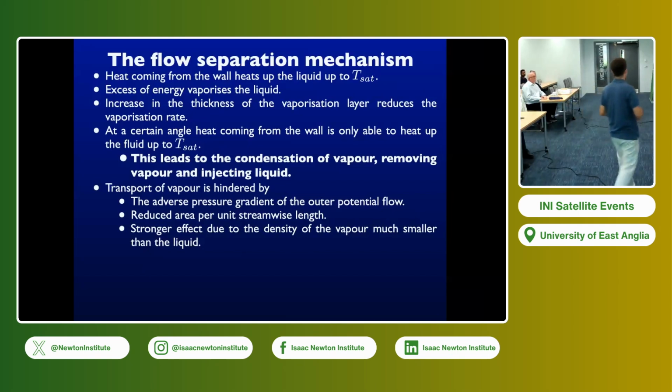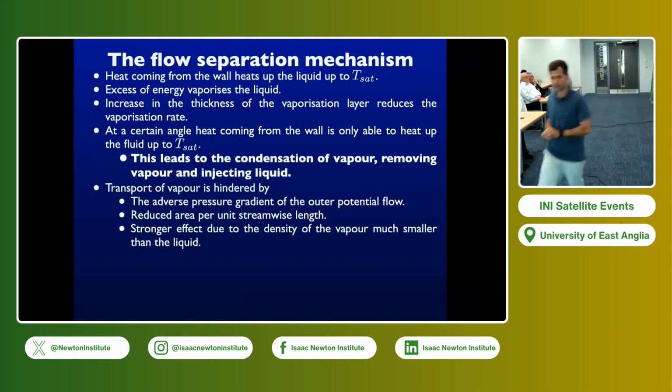So, the transport of vapor, as I said before, is hindered by the adverse pressure gradient of the outer potential flow, the reduced area per unit streamwise length due to the geometry of the sphere, and the effect of the pressure gradient is even stronger because of the density ratio of the vapor to the liquid.